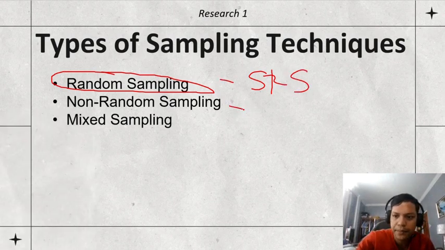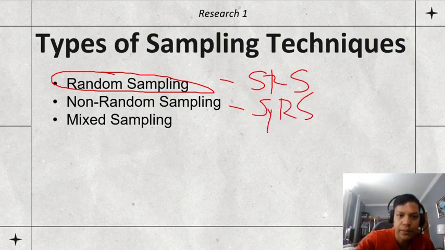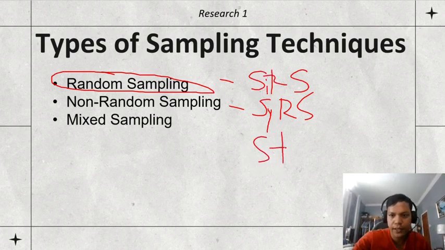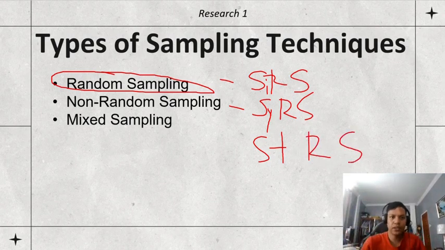We also have systematic random sampling. Systematic, this is simple. And we also have stratified random sampling. You can just search on the internet. The first one is simple random sampling. We also have systematic random sampling and stratified random sampling.